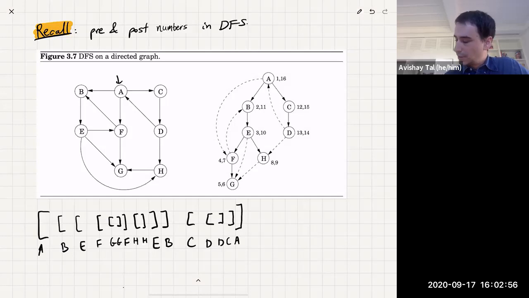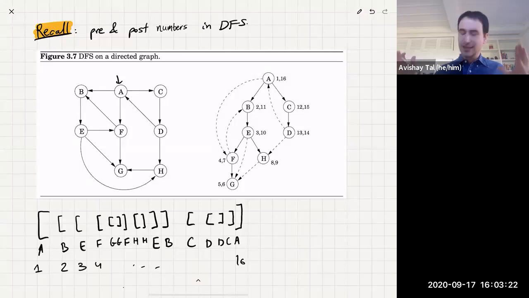All right, so another way to look at pre and post numbers is to write them on a line. So here you can see, at time 1, we are in the pre of A. At time 2, we are in the pre of B, and so on and so forth. And at time 16, we are in the post of A. So you can see that these are like brackets, and these are legal brackets, meaning that I'm not closing incorrectly.